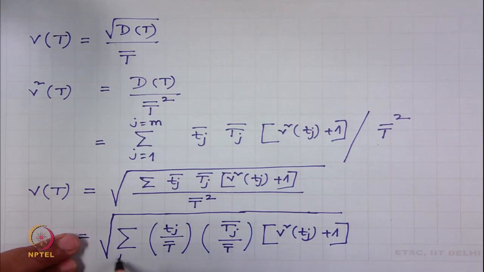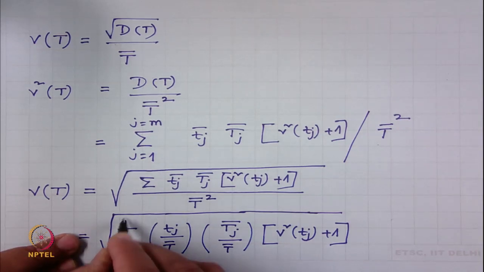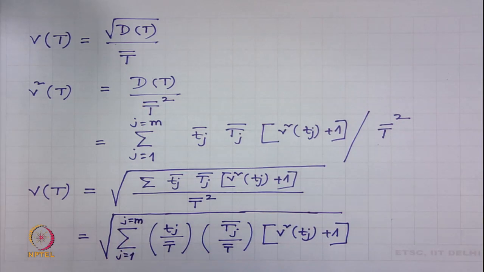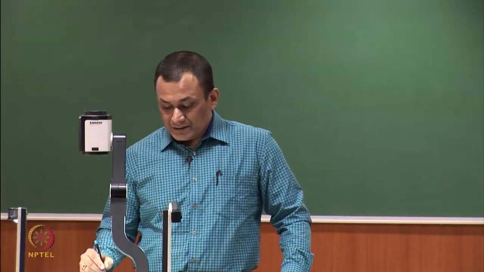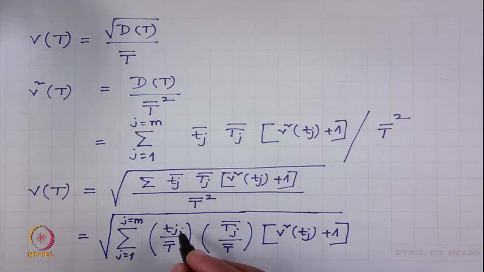And j is equal to 1 to m, right. So, this is the most general expression for the CV of fineness of doubled sliver. Summation, this is the fineness of individual, fineness of jth sliver, fiber fineness of jth sliver.